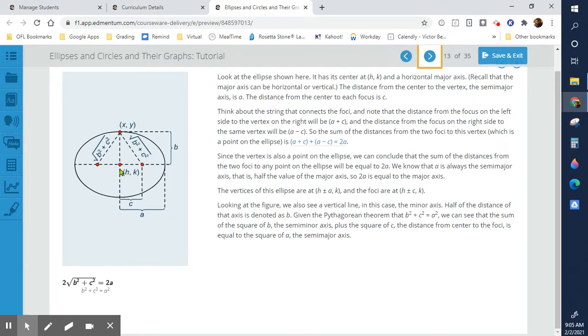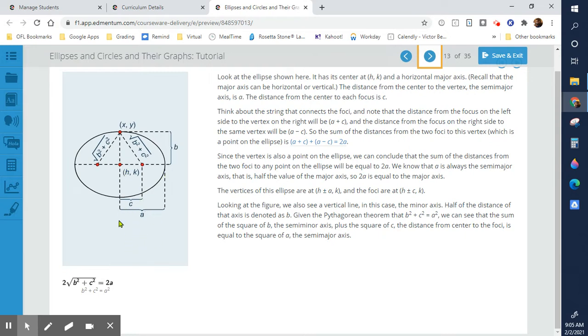And this 2a, where are we talking about? Oh, a would essentially be the distance from the center to the ellipse itself. So they're getting this formula that there are two distances, and that's going to be equal to twice the distance from here to the vertex. Oh, that's what a is.